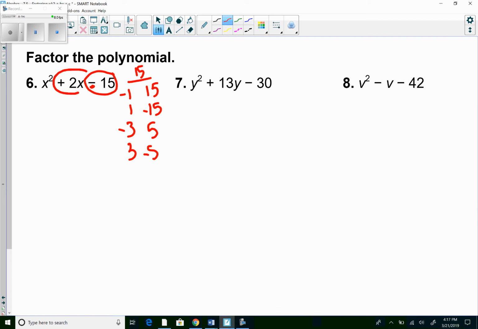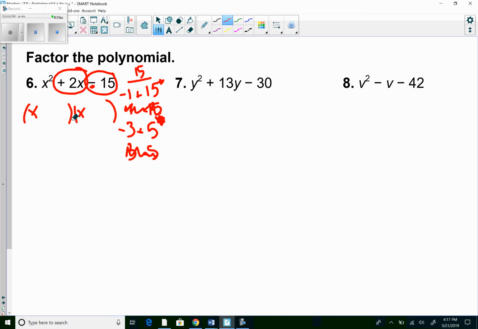Okay, look here. We need a +2. So I'm going to want my bigger number to be positive, which means that it's either got to be this one right here, or it's got to be this one right here, because those are my two bigger numbers, and I want them to be positive. When I find the sum, the 3 and the 5, that's going to give me 2.